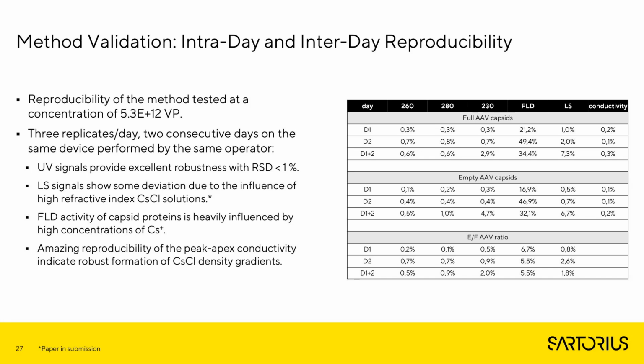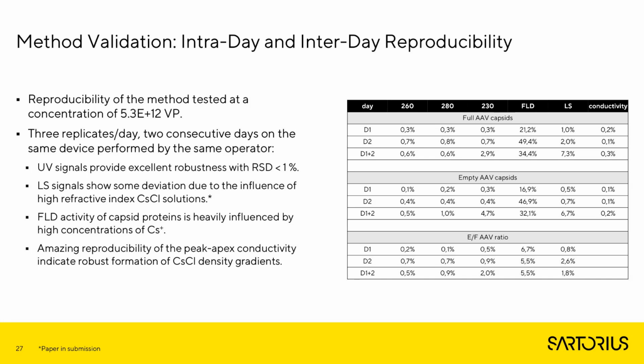That means that ultracentrifugation in cesium chloride gradients is extremely robust method, and we can generate reproducible results during the centrifugations. Light scattering signal show a bit less accuracy, which is quite obvious because we are working with high refractive index solutions, which are already influencing the light scattering readout.